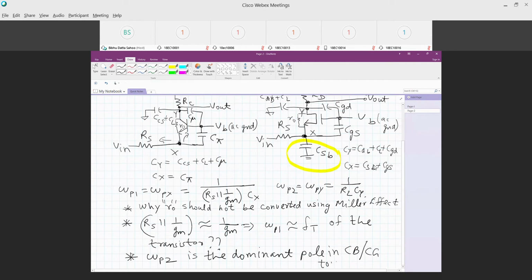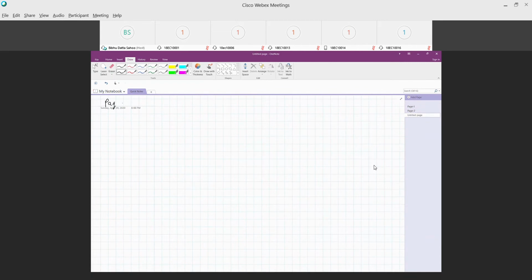Okay. So this wraps up the common gate, common base amplifier topology. Any questions on this?